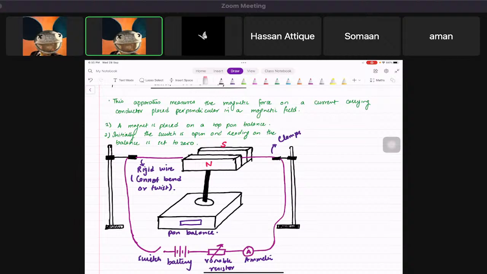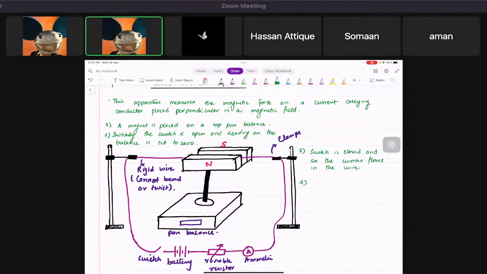Okay, now part 3, I'm going to write it here. Switch is closed, and so the current flows in the wire.